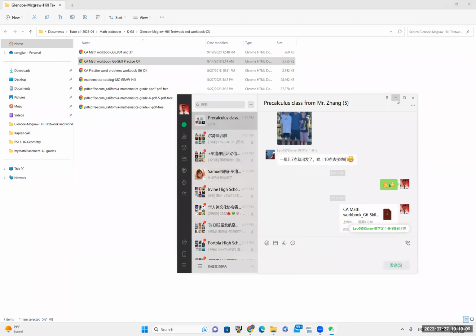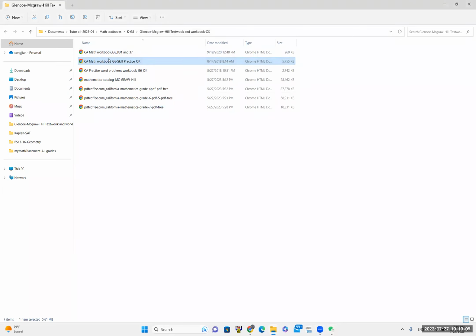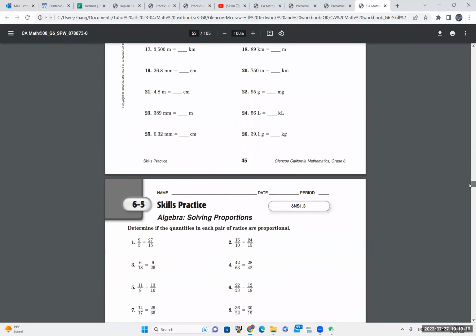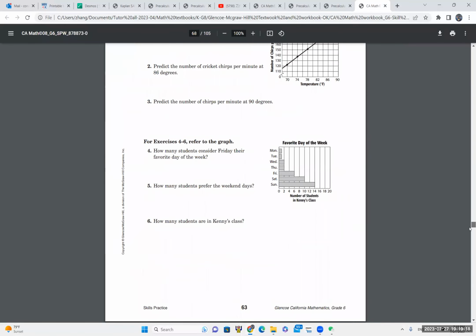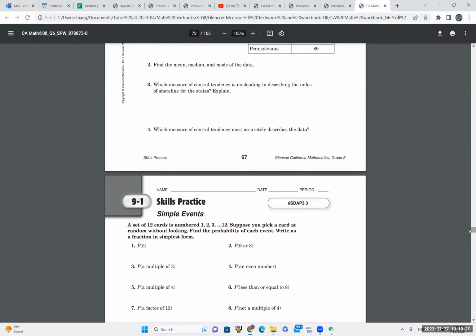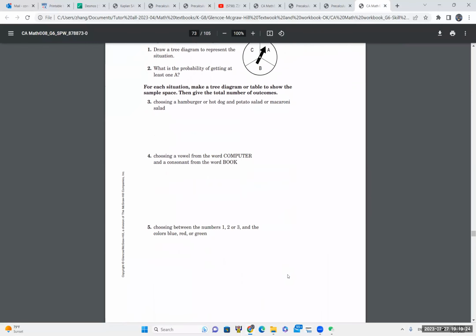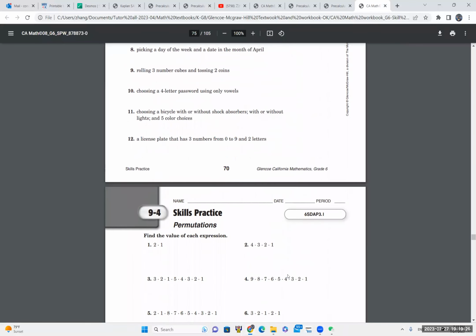This is a book for grade 6. It's like at chapter 8 or 9. Let me quickly find it. Yeah, it's about probability.